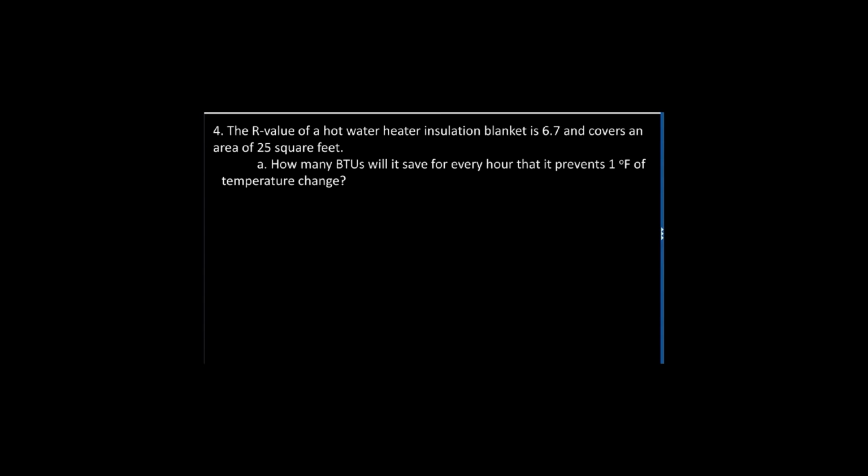Now, part 4 has a couple different ones, and your FRQs are probably not going to be this difficult because you're not allowed a calculator on the exam this year. So basically what we're going to do is the R value is 6.7 for a blanket that covers 25 square feet. This is how many BTUs will it save for every hour it prevents 1 degree Fahrenheit of temperature change.